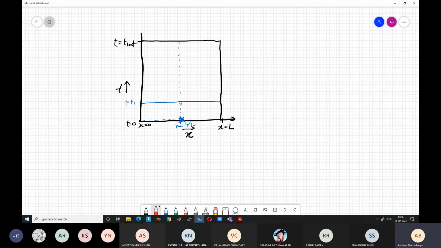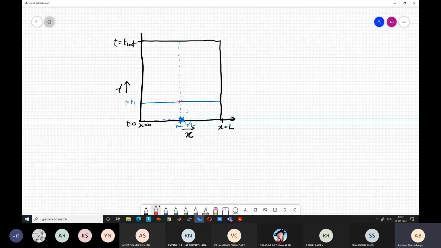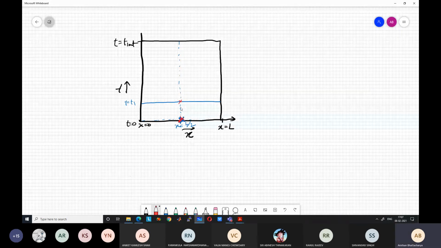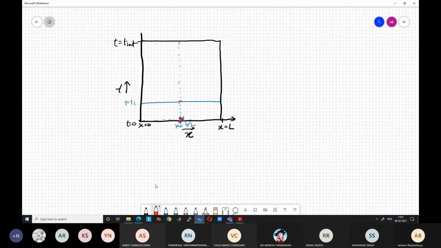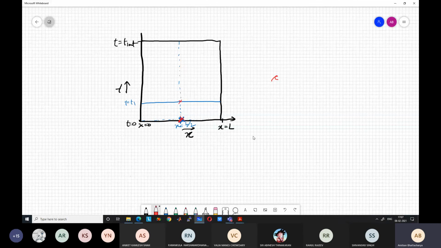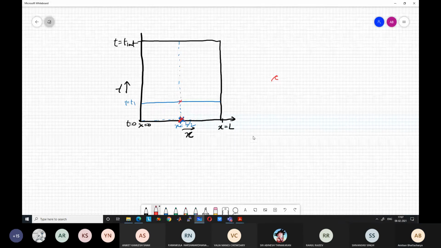Up to how far on the right hand side has the information moved, how far has the information moved that there is a disturbance introduced here at time t equal to t1? The speed of travel of information is small c. Answers?